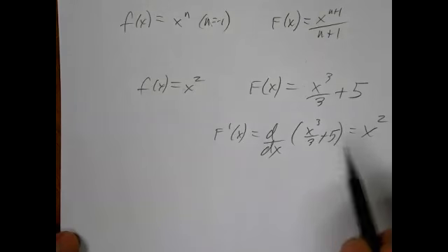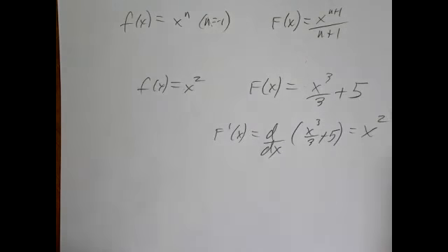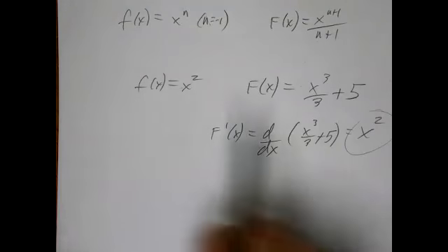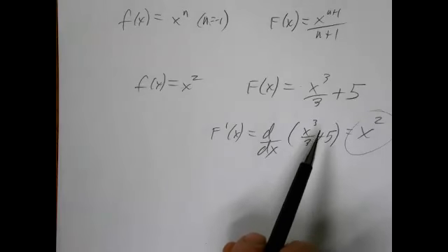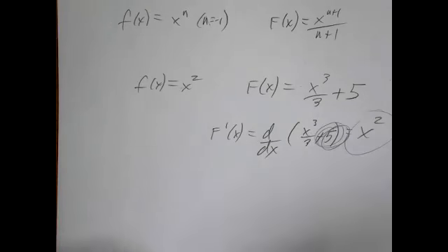And hopefully you realize that if this was a plus 5 or a plus 6 or a plus 7 or a plus pi or a minus 3, taking the derivative would get me the same x squared every single time. So what actually can be proven is that if you have a function and you find its antiderivative, that antiderivative and all other antiderivatives only differ by a constant on the end.